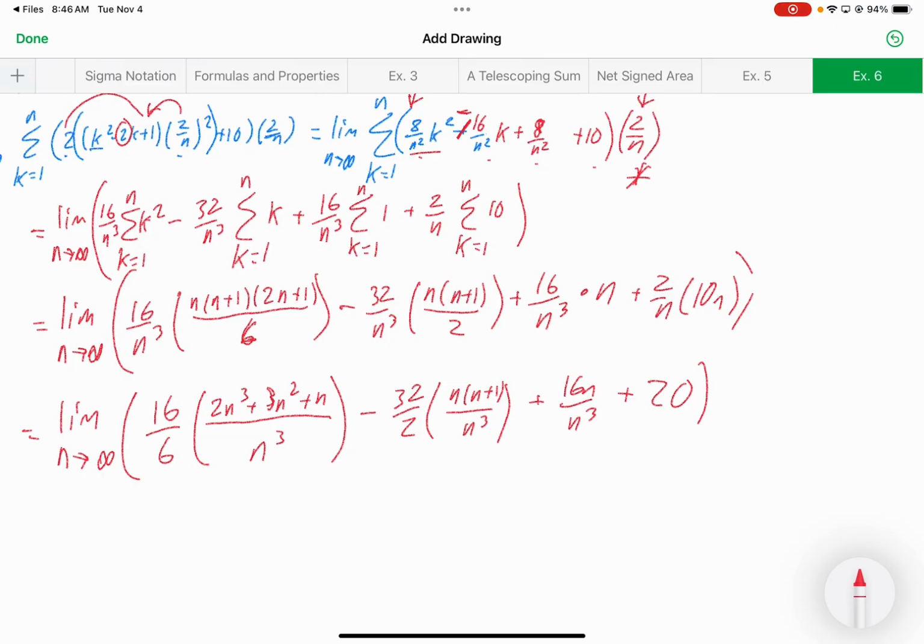So then when I take my limit, I get 16 thirds out of my first piece. So this goes to 0. This goes to 0. And then plus 20. So then 76 thirds would be our area.